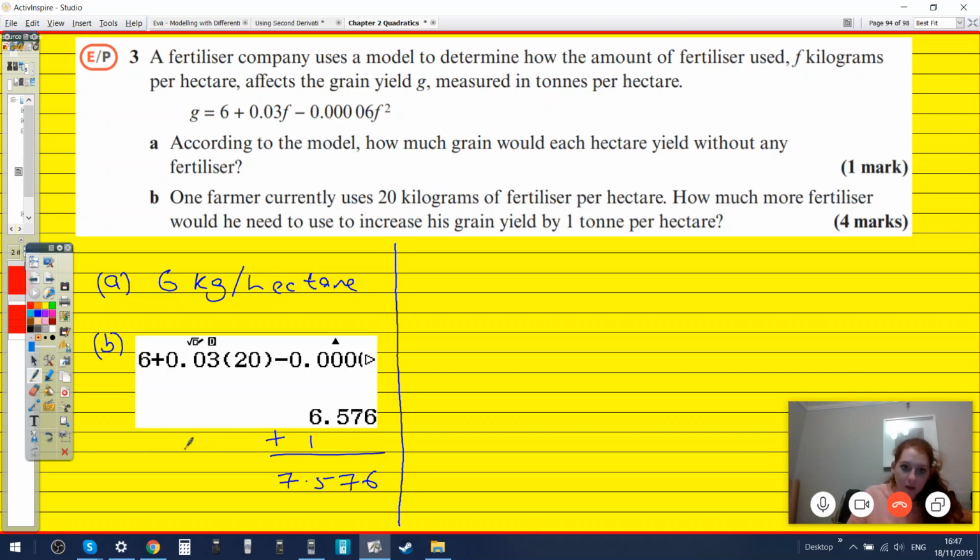And then make that equal to the original function. Brilliant. Then make that equal to 0 and then solve it. Great.